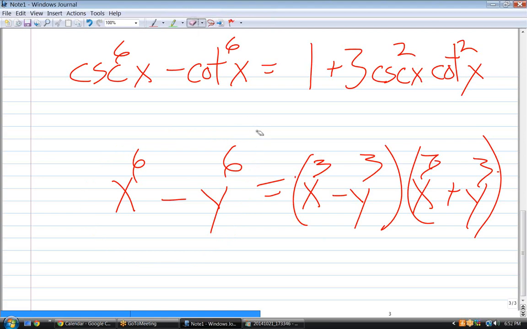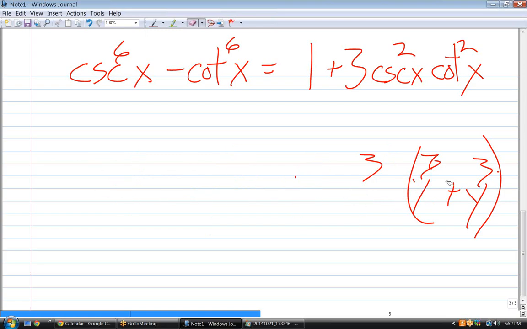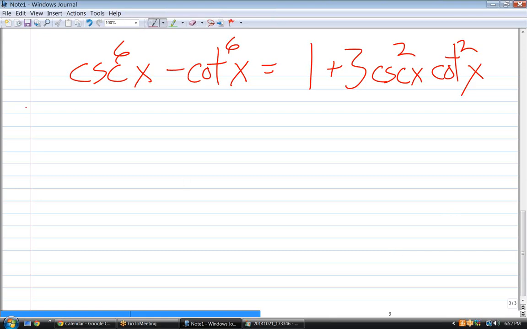Or I can treat this as the difference of cubes, and narrow it down to x squared minus y squared times x to the 4th, and so forth. But the first time I went through this, I'm pretty sure you want to start out by doing difference of squares, and then go from that to difference of cubes. So, what is this factored as difference of squares?